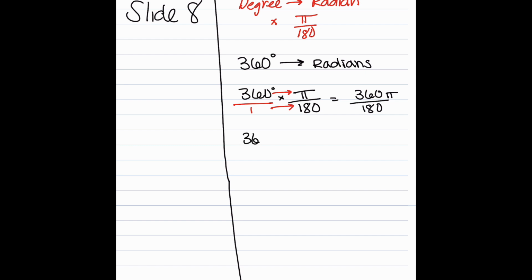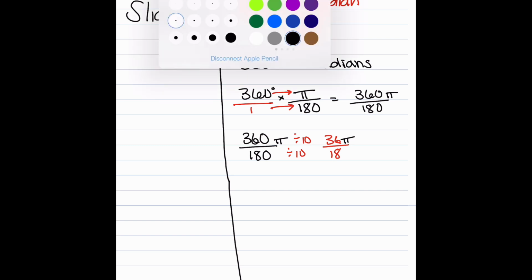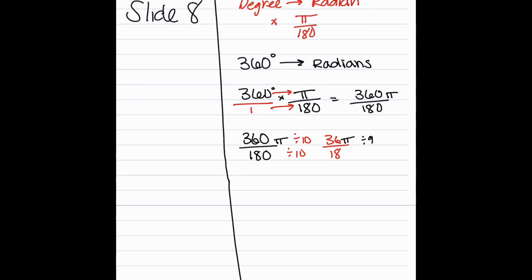Then from here you do reduce, which is just dividing by your common factors until you can no longer divide anymore. So if you'd like, go ahead and pause the video, go ahead and try reducing, and then press play when you are ready for the answer. Okay, and then I am going to go ahead and divide by 10 right away, which is just 36 and 18, and I bring along that pi at the end. 36 and 18, I can again divide by 9. 36 divided by 9 is 4. 18 divided by 9 is 2.